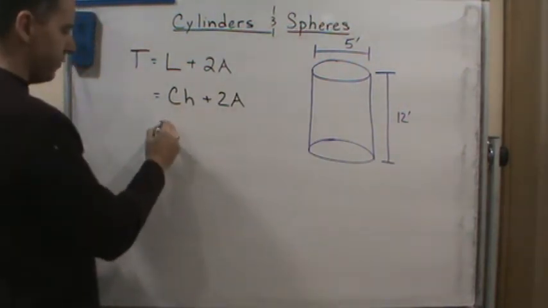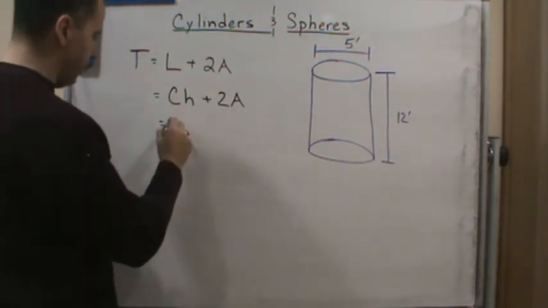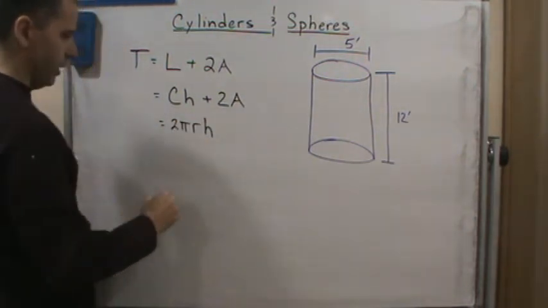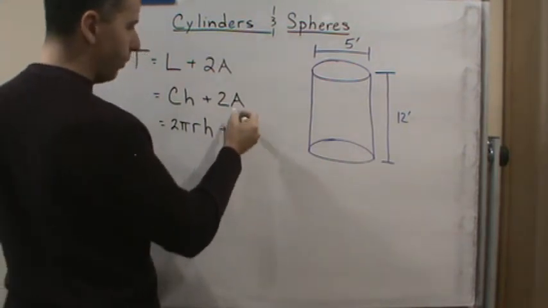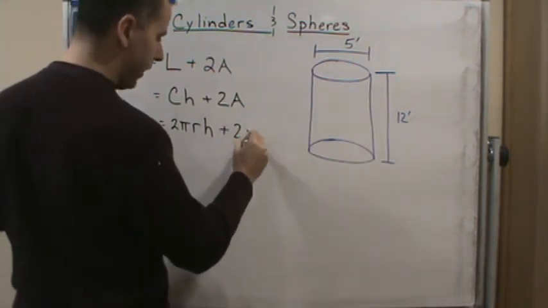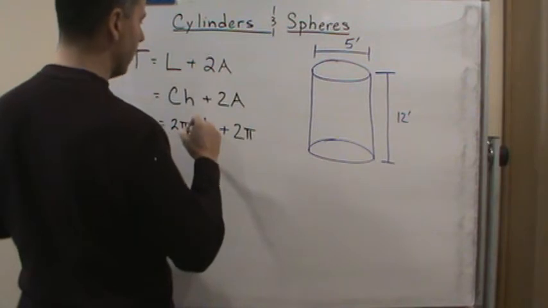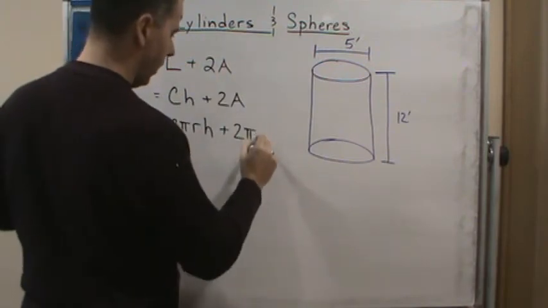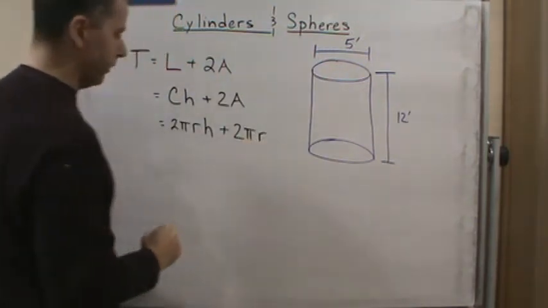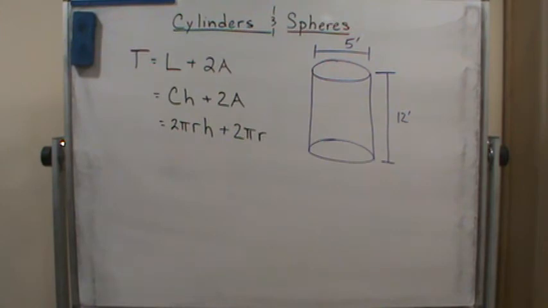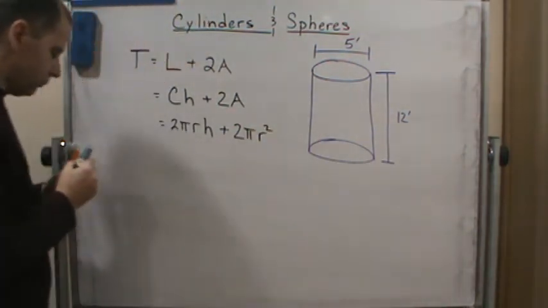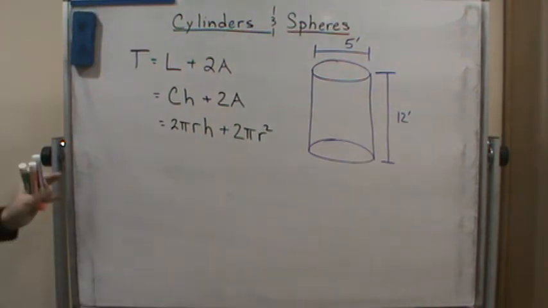The formula for the circumference of a circle is 2 pi r, times h, plus 2 times the area of a circle, pi r squared. Okay, that's all you need to know.